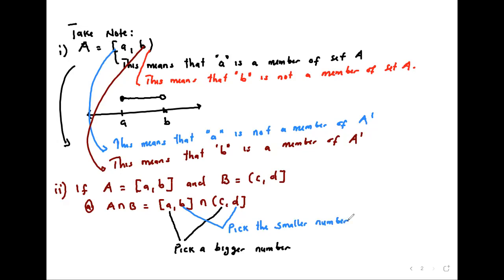For the intersection, you pick the smaller one. And for the first two, you pick the bigger number, if there's any intersection there.